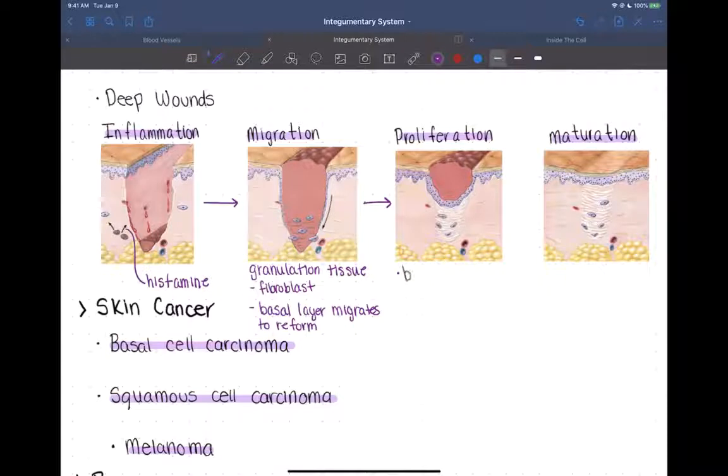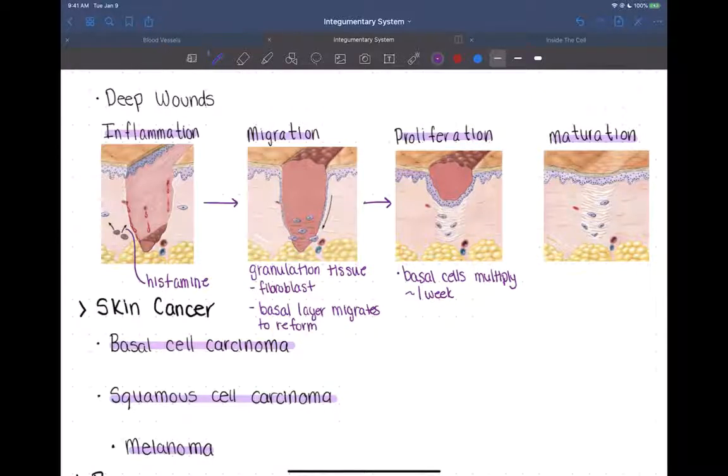So the basal cells multiply. All right, and so this can take about a week, this process of proliferation.